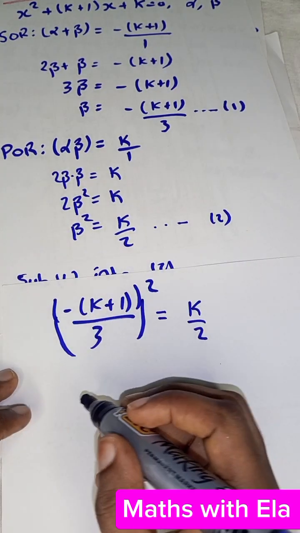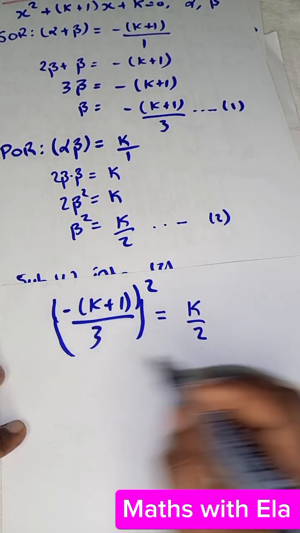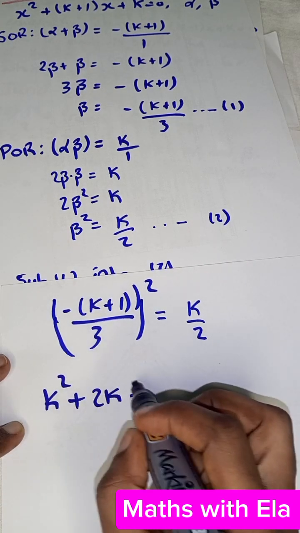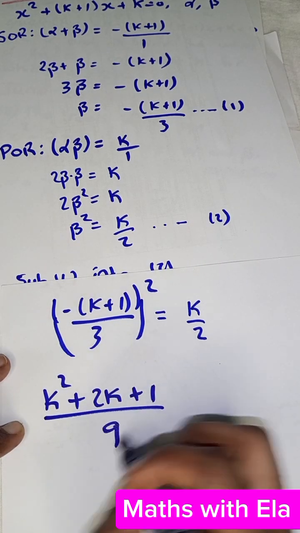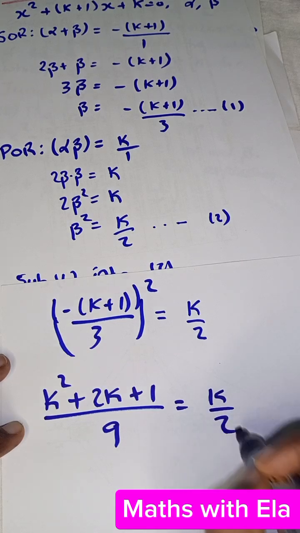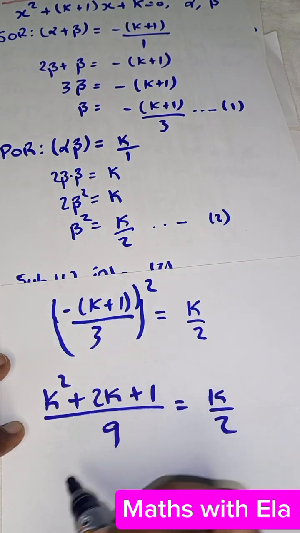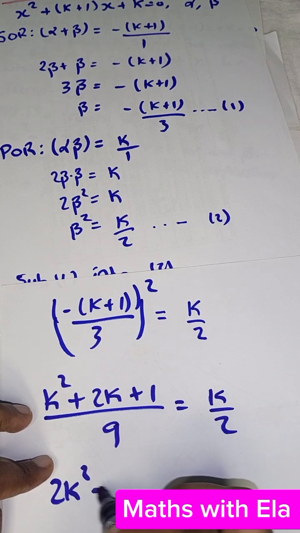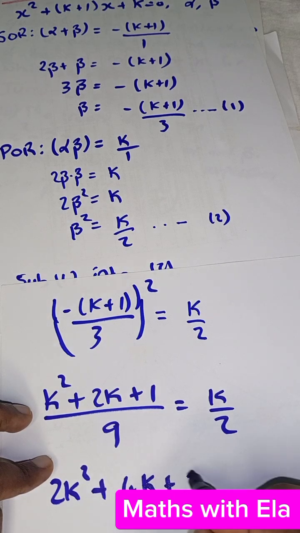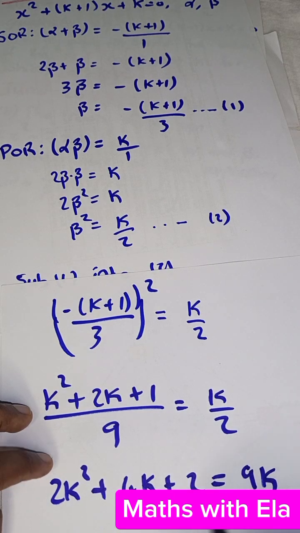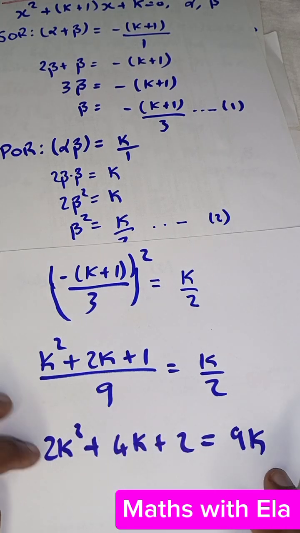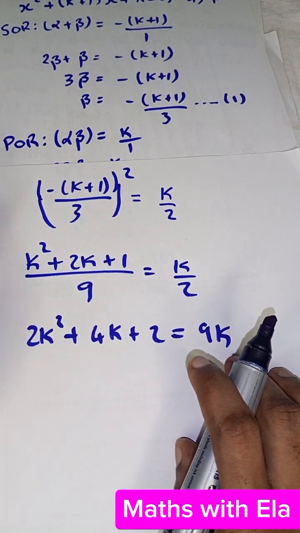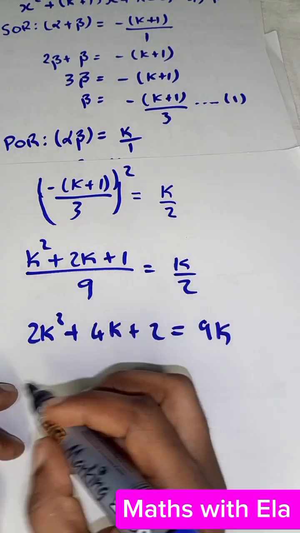So we substituted equation 1 into equation 2. And then we have to simplify. So simplifying this, we are going to have (k squared plus 2k plus 1) all on 9 is equal to k on 2, and cross multiply, we have 2k squared plus 4k plus 2 is equal to 9k. So we have now a quadratic in terms of k, and then we have to rearrange and then solve for k.